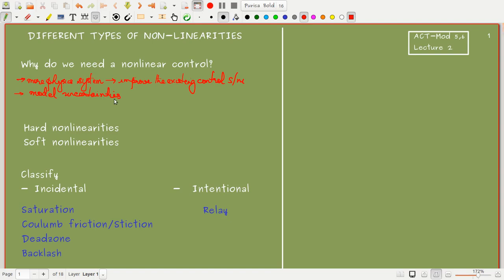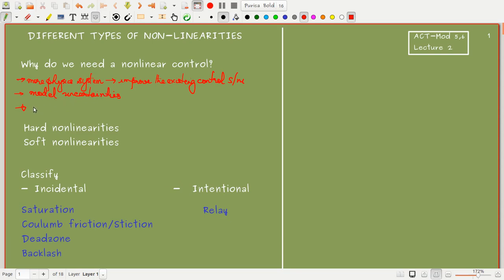That was something we had neglected, because we knew that there would be some nonlinear terms which come up during modeling. So without considering those uncertainties, we had modeled the system and designed controllers for the system.